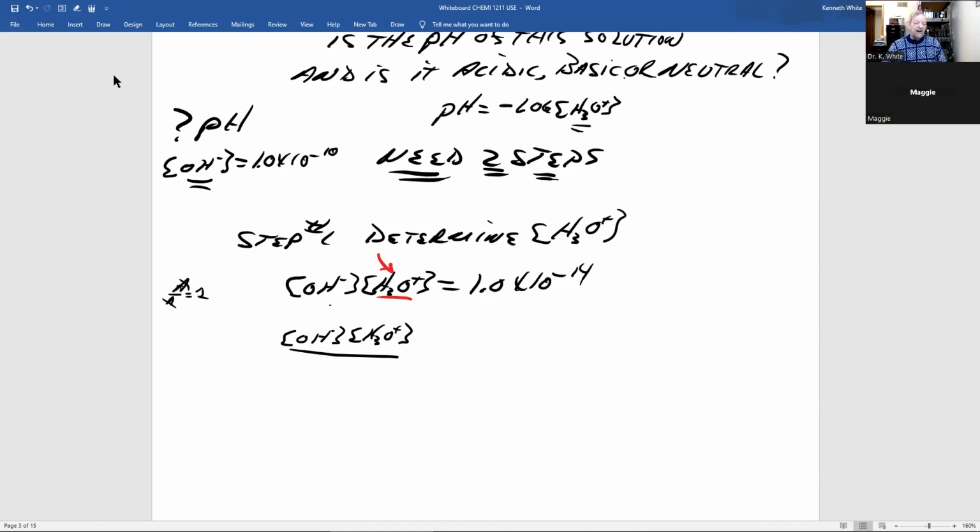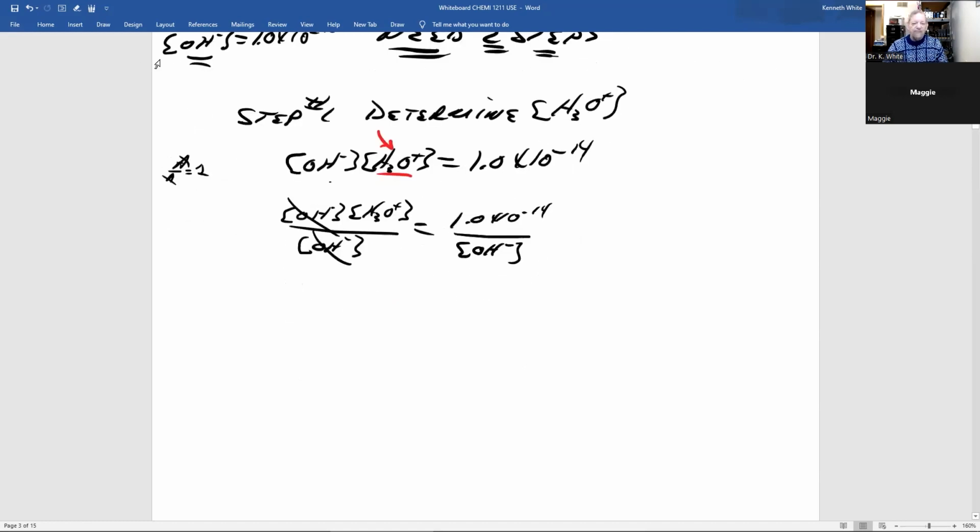I want to get rid of the hydroxide to get the hydronium H3O plus alone on one side, so I'll divide by it, and that will cancel it out. Anything you do to one side, you have to do to the other. This cancels out, because anything divided by itself is the number 1. 1 times hydronium is hydronium.